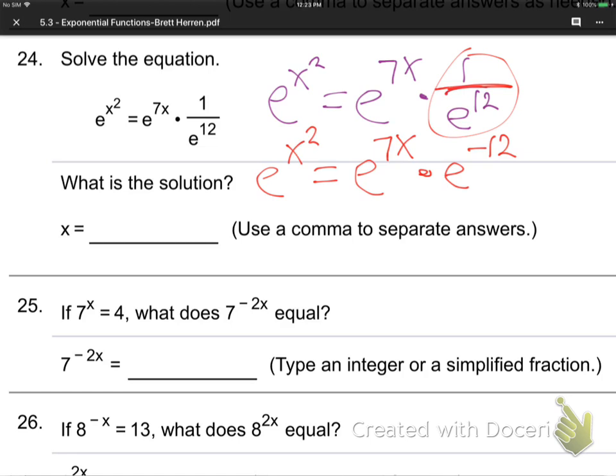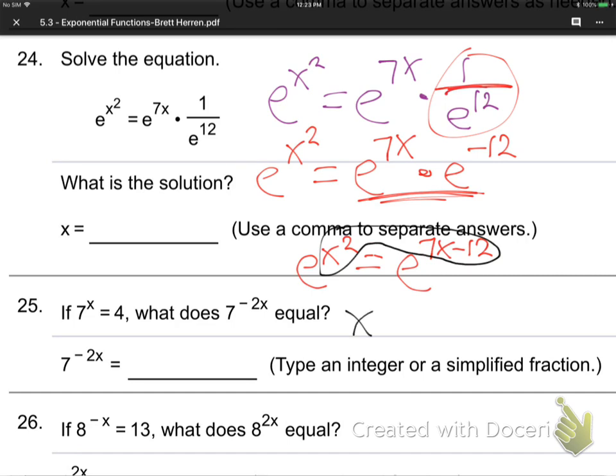Okay, so that's that. And now on the right side, we have e to the x squared equals. Now, two separate bases. Powers, add, subtract, 7x minus 12. And then from there, set these powers equal.